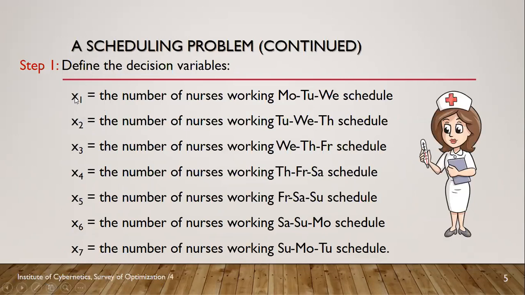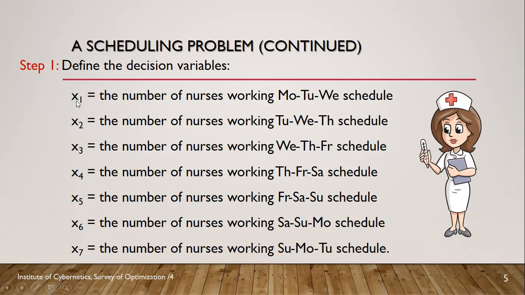They come from those who start their shift on Monday, so it will be X sub 1. Then those who start their shift on Saturday because they cover Monday too, so it will be X sub 6. Plus those who start their shift on Sunday because it will cover Monday too.